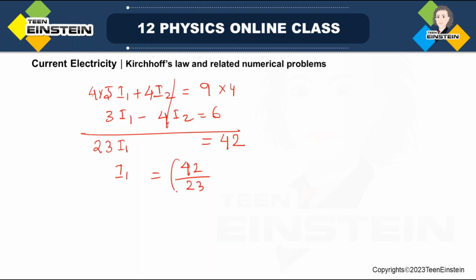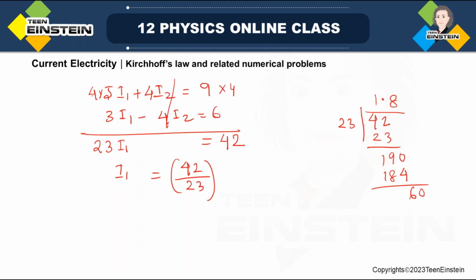We can divide, and this is nearly 1.82 ampere.